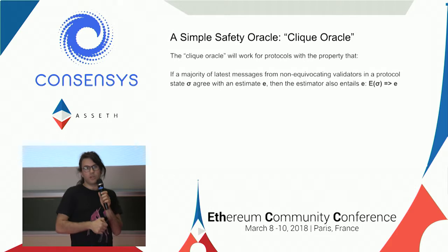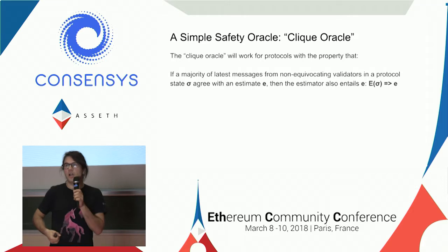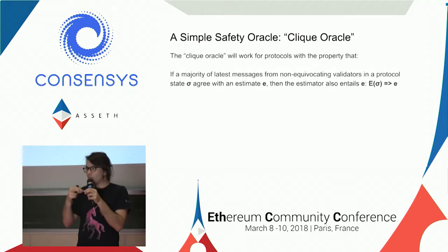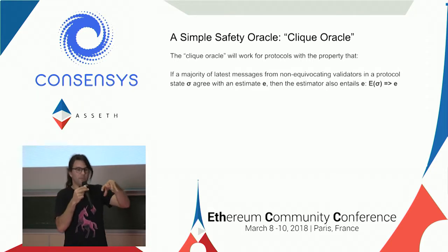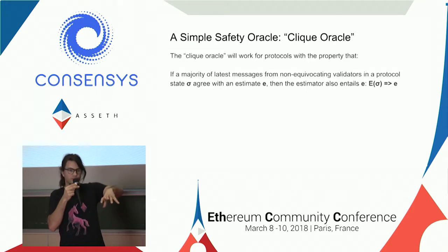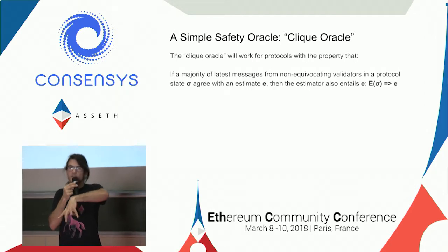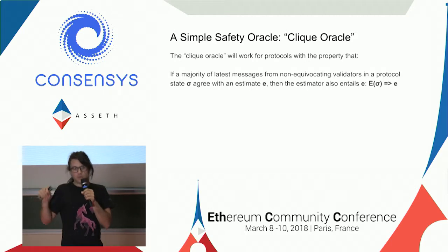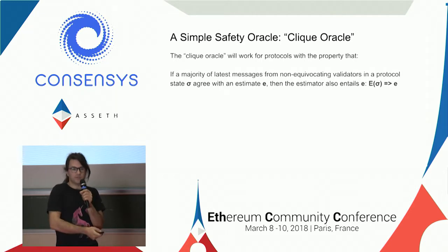So we're going to define the clique oracle that's going to hold for a class of protocols with estimators that have this majority agreement property, where if you have a bigger group of validators over here than over here, and this one all agrees to some estimate, and those all believe the opposite, then your estimator is going to agree with the majority. So there's a precise agreement with the majority estimators, where we're only looking at latest messages, that this safety oracle is going to work with.